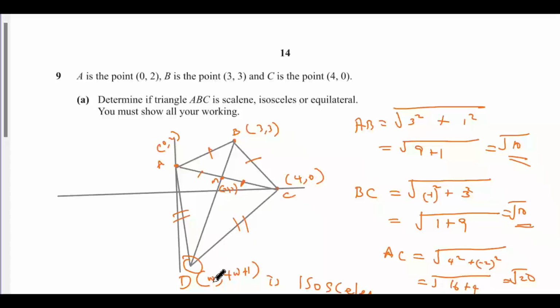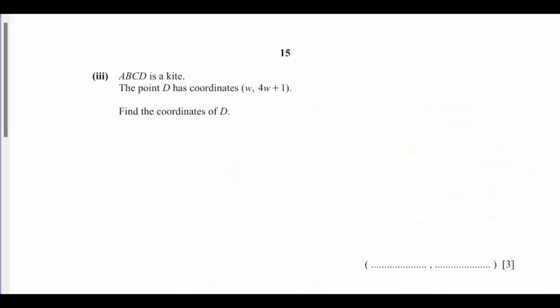So we just substitute the coordinates into the equation of the perpendicular bisector of AC, which is BD. So we have the equation of the perpendicular bisector of AC: y equals 2x minus 3.